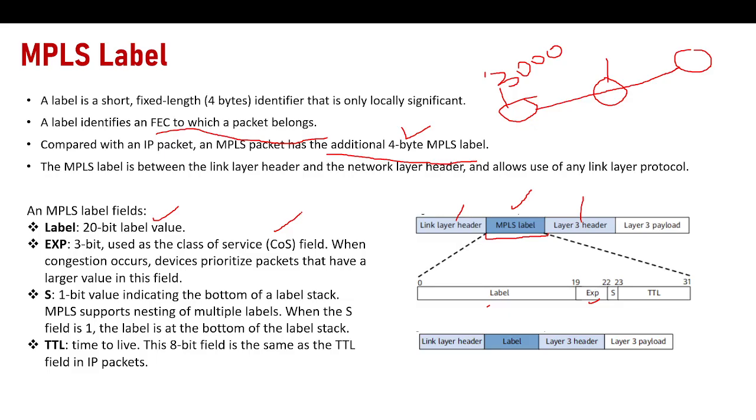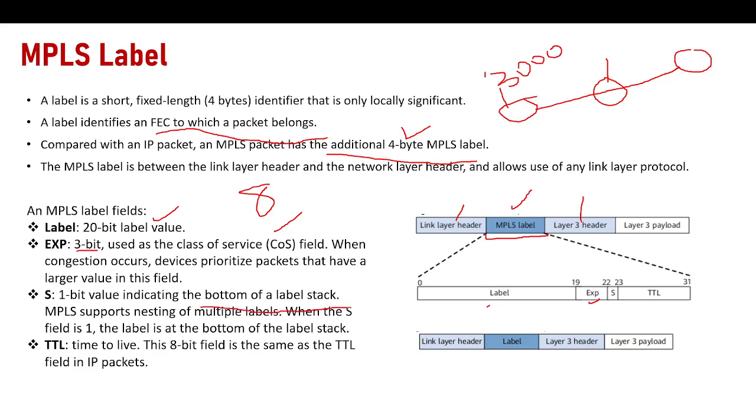If packets come in with a different class of service, you are able to process them based on the QoS value they come in with. You have 3 bits, which means you can have 8 MPLS classes. Of course, when we look at QoS on the IPRAN network, we will dive deeper into these 8 classes in the EXP field. And then you have the S field, which helps us identify the bottom of a label stack.